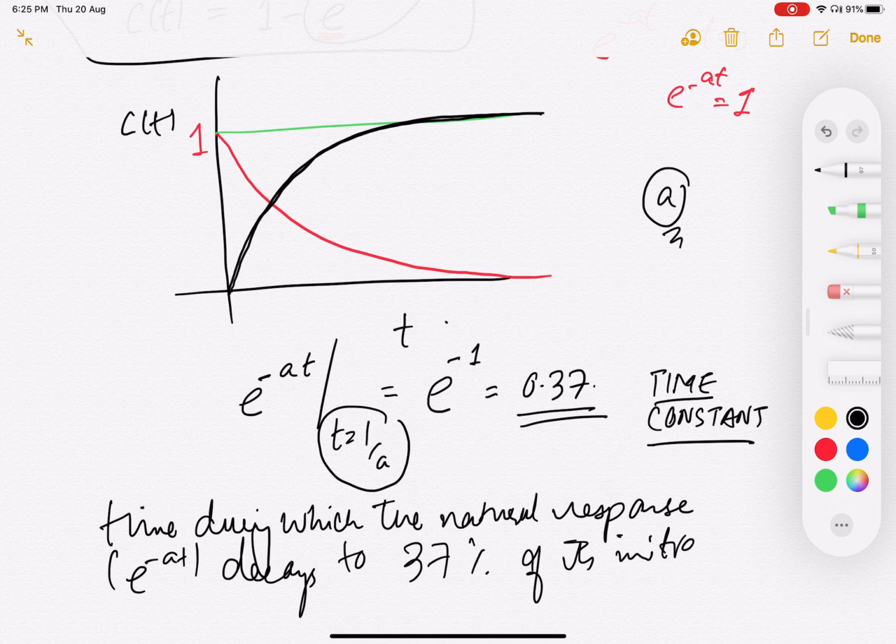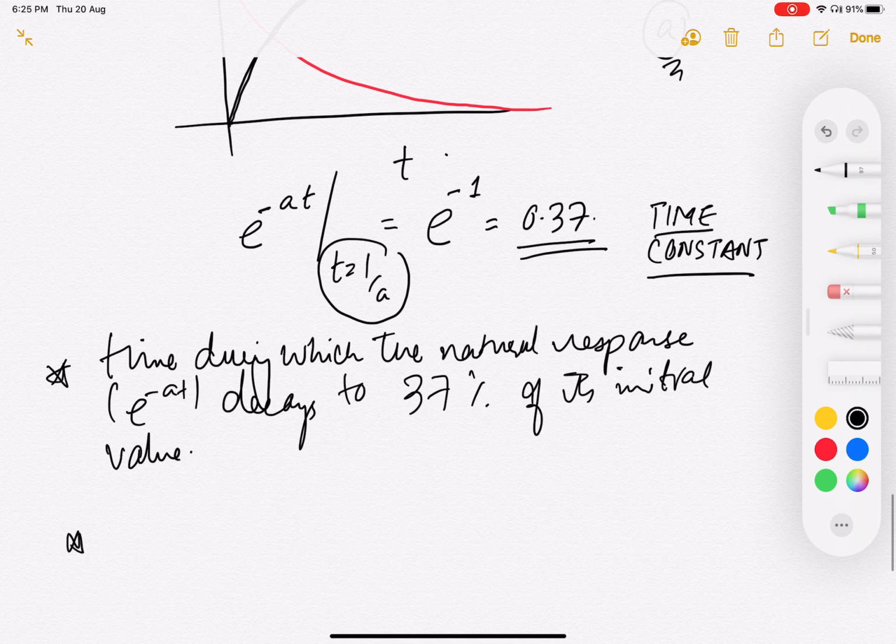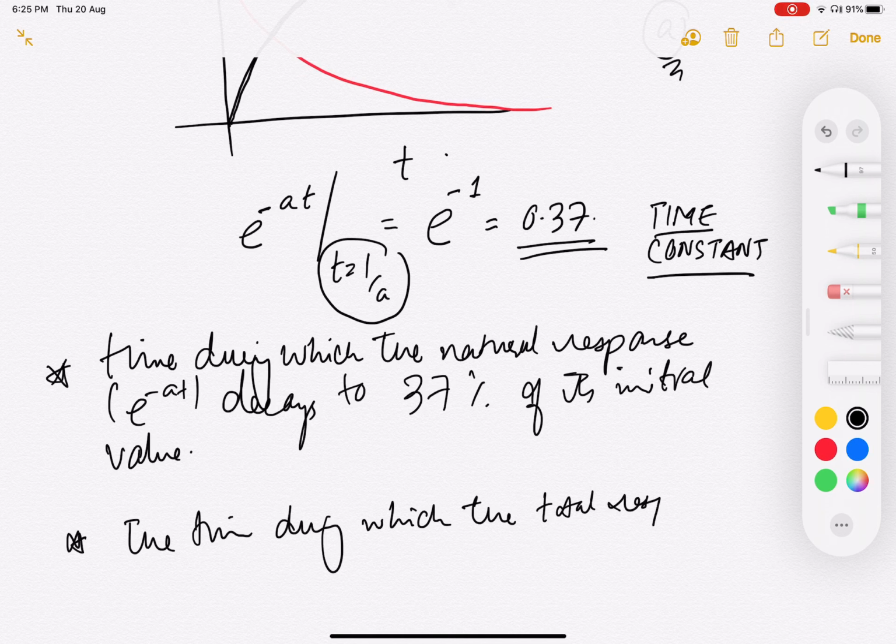Initial value is 1 and it becomes 0.37, which is 37% of its initial value. Or the other definition would be the time during which the total response reaches 63% of its steady state value, right?